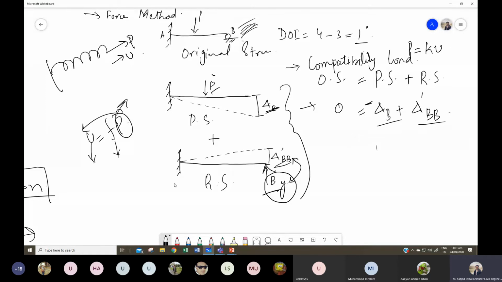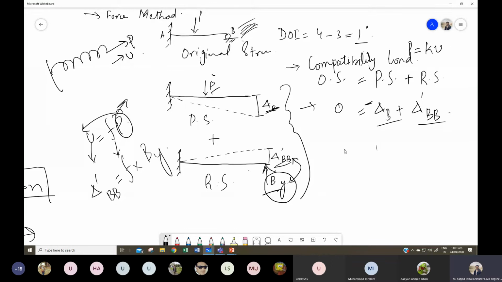So I can compare these two equations. If I want to write the flexibility equation for this particular beam, can I write it as delta dash Bb is equal to F into this applied load, which will be equal to By.